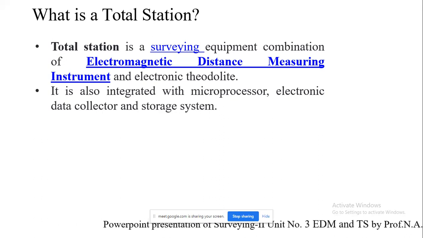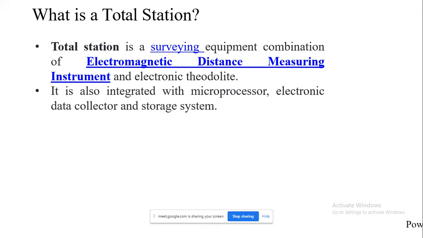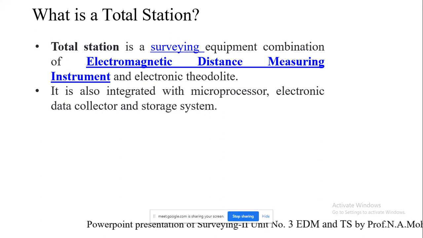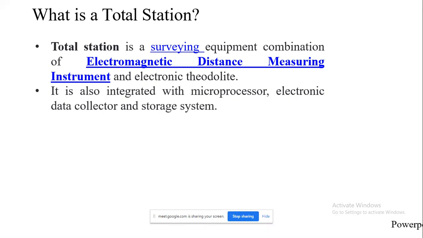It has a certain memory depending upon the manufacturer. Suppose we are to measure an area, calculate a volume, or do a road project survey or canal project survey.